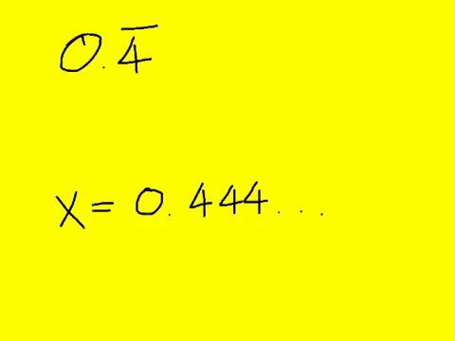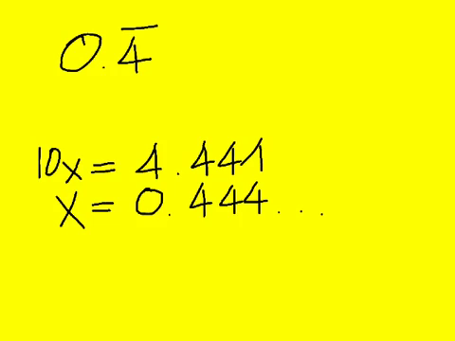If you have 2, you multiply by 100. How many digits repeat in 0.4 repeating? 1. Just 1. It's the 0.4. So you're going to multiply by 10. If I multiply x by 10, I get 10x. If I multiply 0.4 repeating by 10, I get 4.444 repeating.